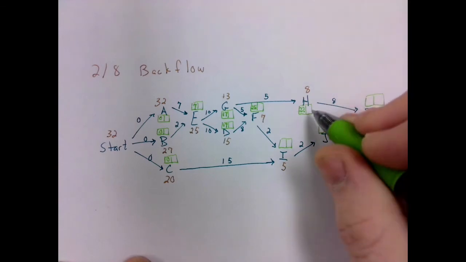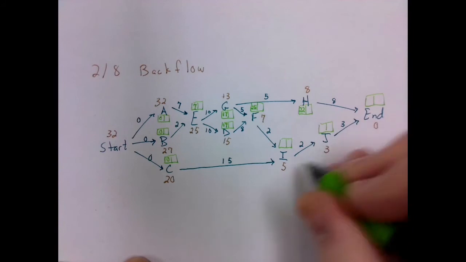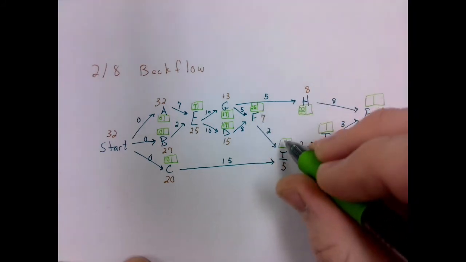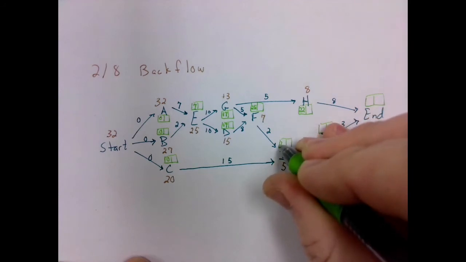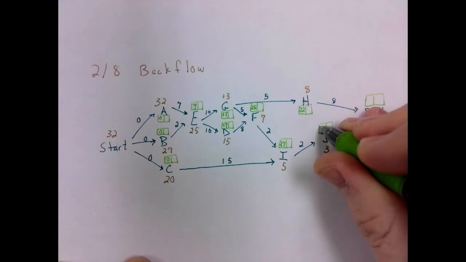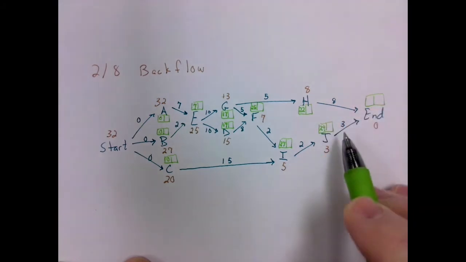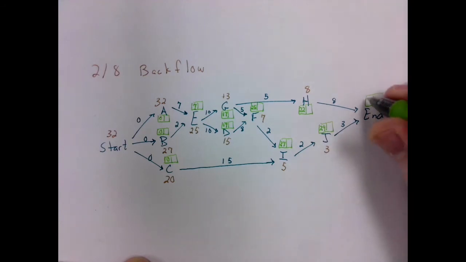We have 22 plus 8, which is 30, but we've got to wait and see what this path works out to be. 25 plus 2 is 27. 0 plus 15 is 15, so I'm going to take the 27. 27 plus 2 is 29. And then here I've got the option 22 plus 8 is 30. 29 plus 3 is 32. I take the higher number, which is 32.